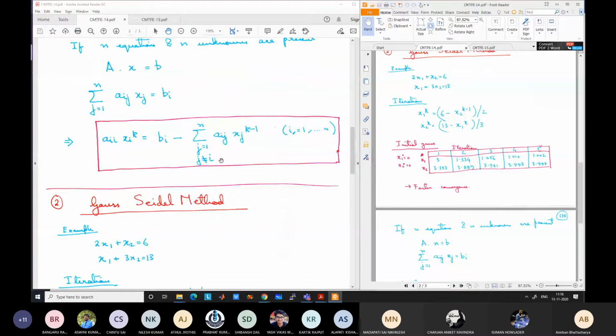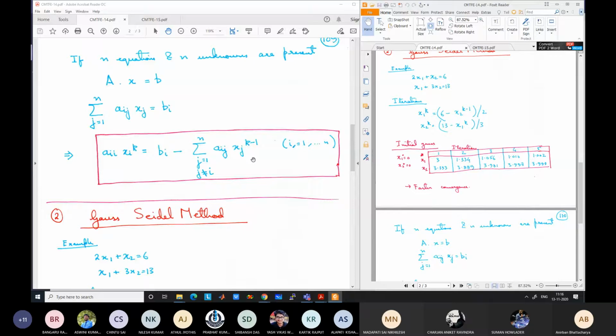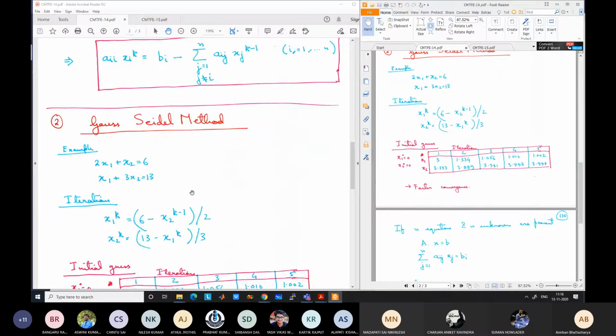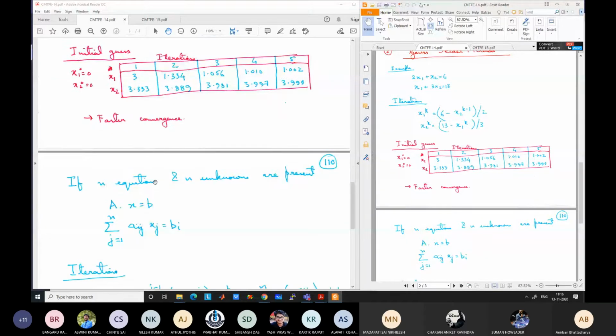So for example, say there are n unknowns and n equations, and if you have calculated the new values up to I number of unknowns, you will use the new values for those I unknowns, and for the rest of the values you will use the old iteration value.